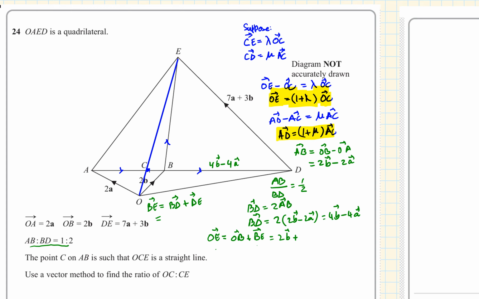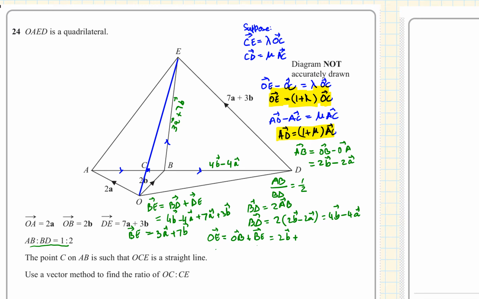So that is equal to 4b minus 4a plus 7a plus 3b, and that is equal to, 7 minus 4 is 3, so 3a plus 7b. Okay, so BE I have now got, 3a plus 7b. That's it.